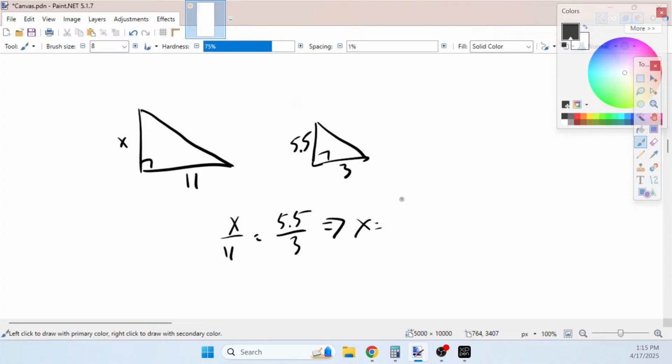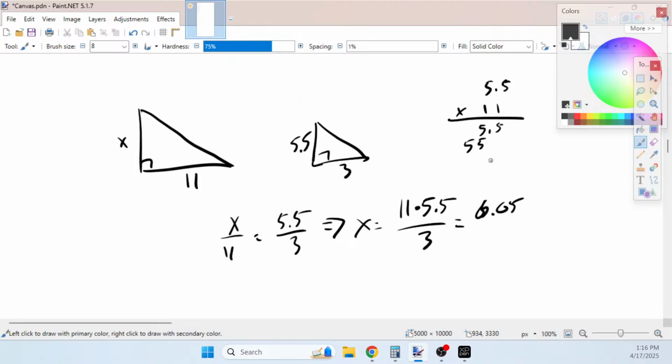That means x equals 5.5 times 11 over 3, which is some number, but we can leave it. Okay.